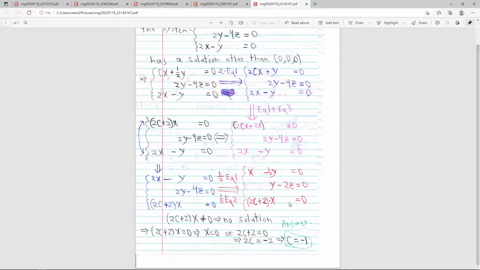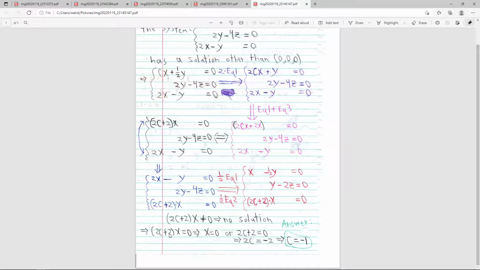So the point is, I probably did a little bit more work than needed, but 2c plus 2 times x not equal to 0 means no solution, like I was saying. The right hand side is 0. So 2c plus 2 times x has to equal 0, basically, or else there'll be no solution.